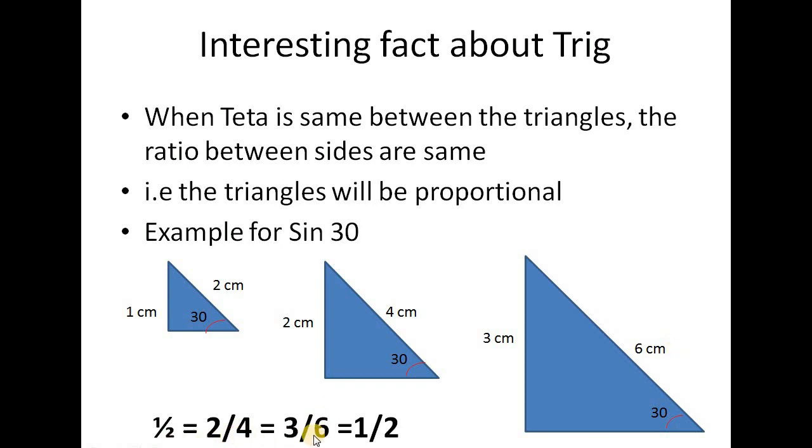So simplifying these three values, we get the result as 1 by 2, which is common for all three triangles and their sine value. Similarly, for cos and tan also we will get equivalent values for the given theta.